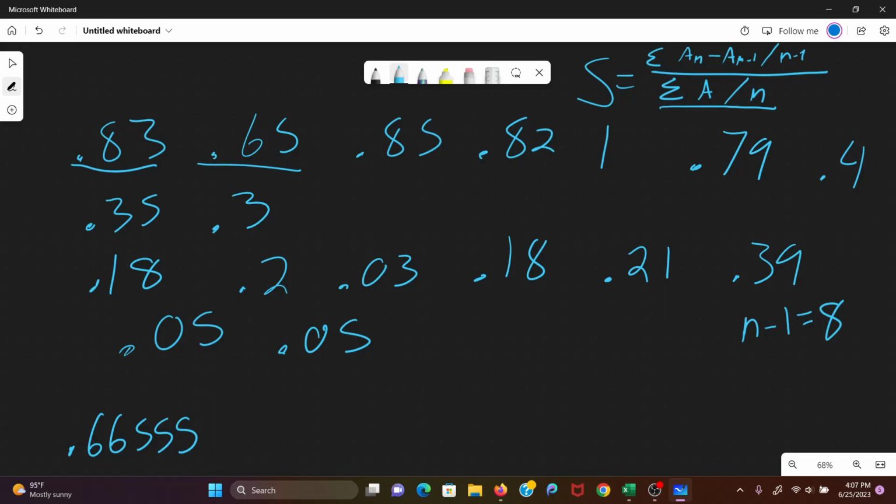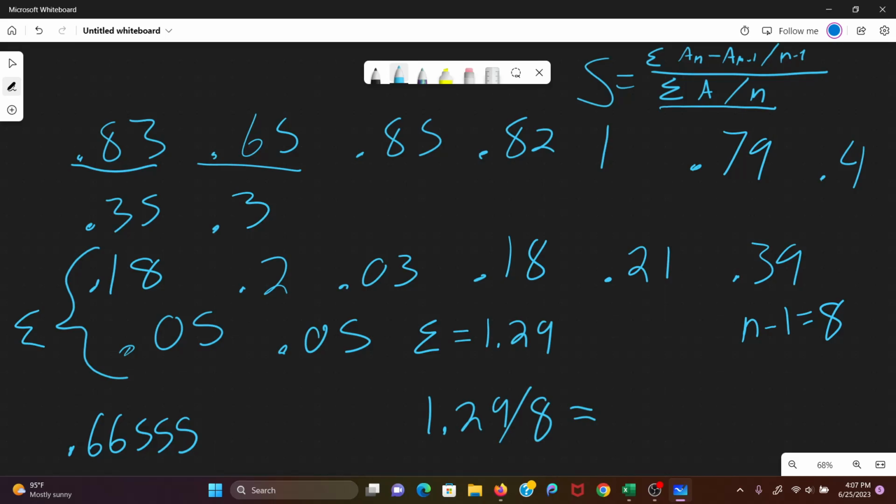What we're going to do is take the sum of all of these numbers, and that is 1.29. Then we're going to take 1.29 and divide that by 8. That equals 0.16125.